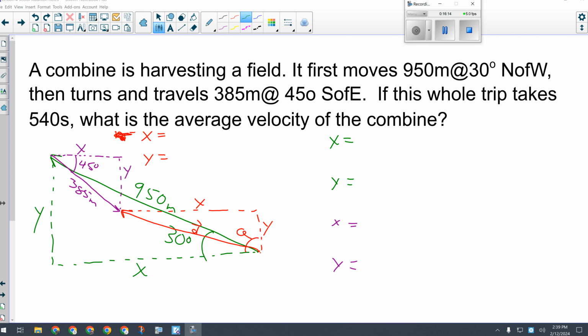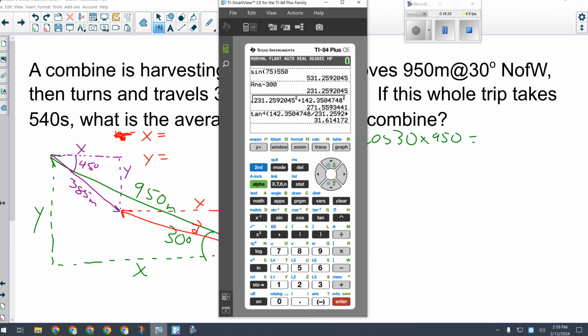So we'll start with our first vector, which was the green one, 950 meters, 30 degrees north of west. So x is adjacent to that 30-degree angle. Right, so we're going to go cos of 30 times 950, and that will get us our green x.